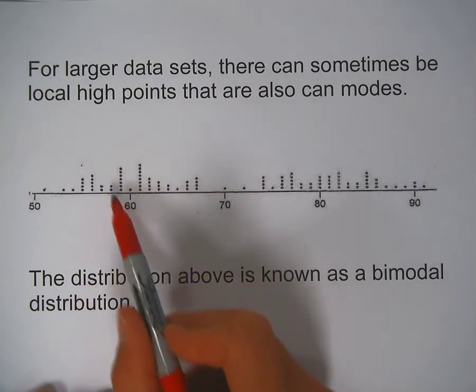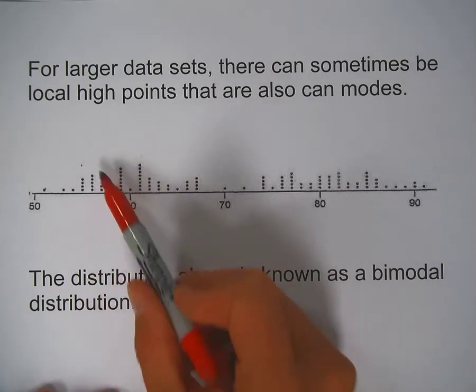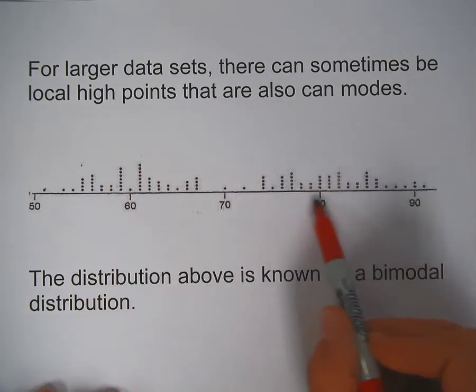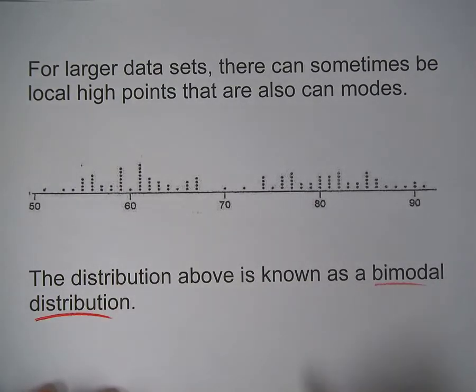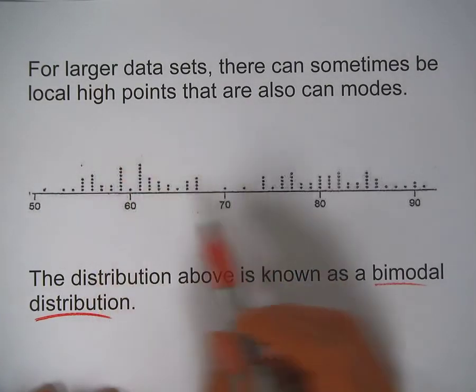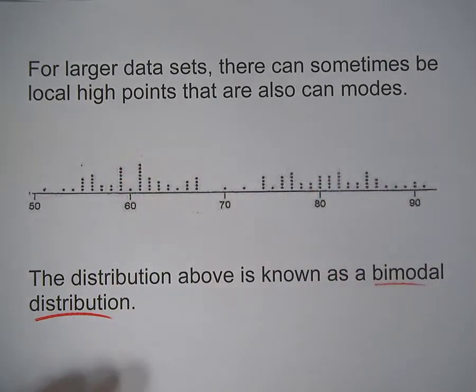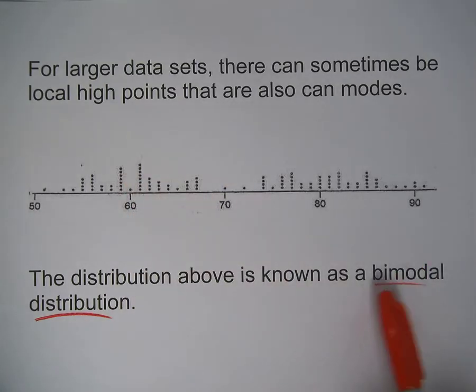So instead of just having one number as a mode, we can see there's a lot of numbers here, and a lot of numbers here. So sometimes the distribution above is known as a bimodal distribution. It's bimodal because we have a lot of frequently occurring numbers here, and a lot of frequently occurring numbers here. So you're not necessarily assigning one number as a mode, but you're looking for clusters. So bimodal meaning two modes.